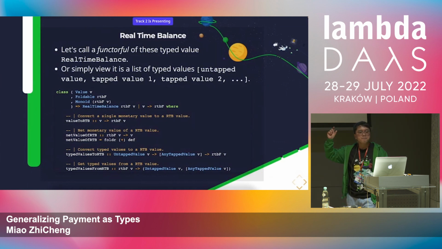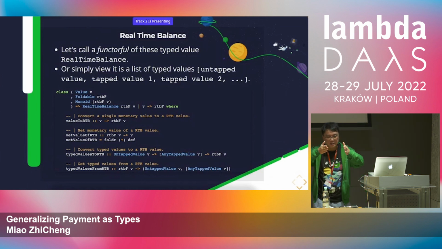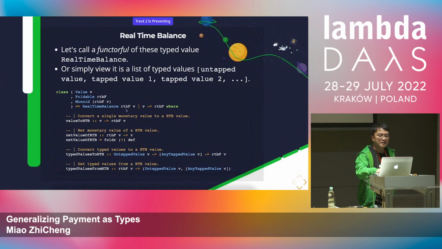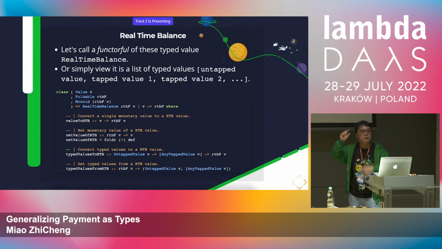Let's now define a real-time balance, because value is now divided into different types. So I'm talking about a real-time balance. That is a functor, a container of those little values. It becomes, from one single value, a vector of those values.